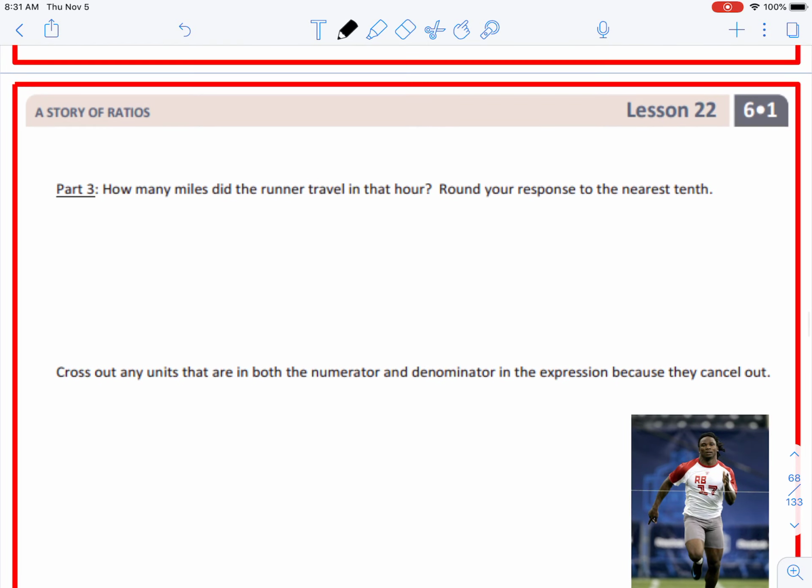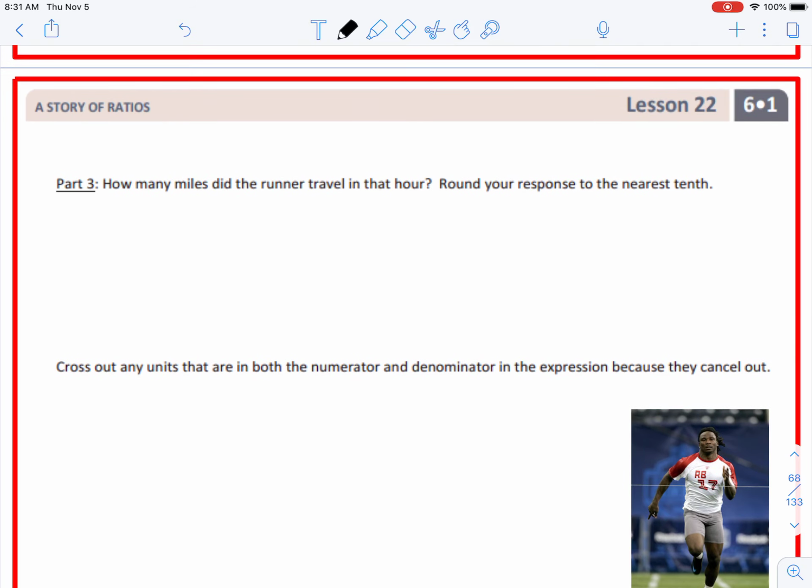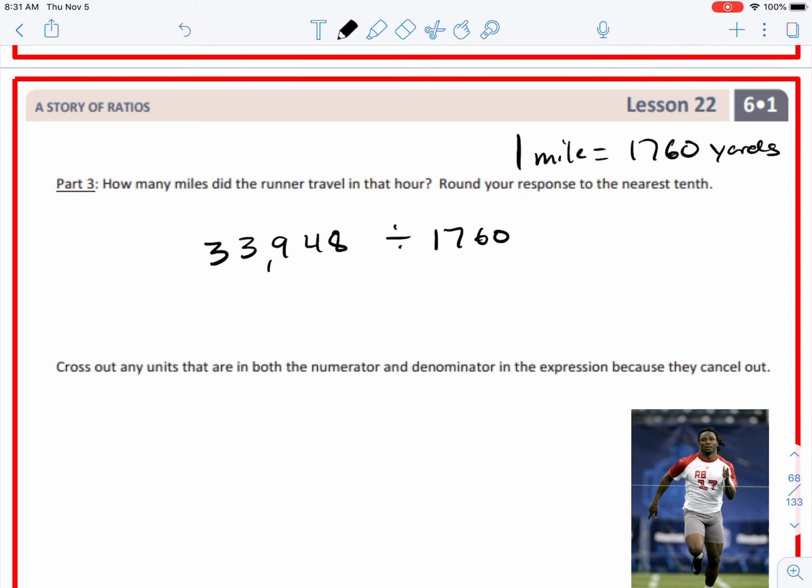Part 3 says, how many miles did the runner travel in that hour? Well, when we look at our conversion tables that I sent out to you guys, we know that 1 mile equals 1,760 yards. So we have to divide 33,948 by 1,760.